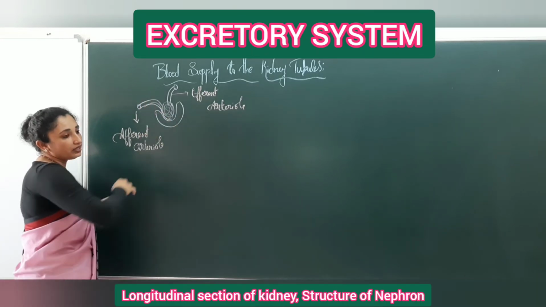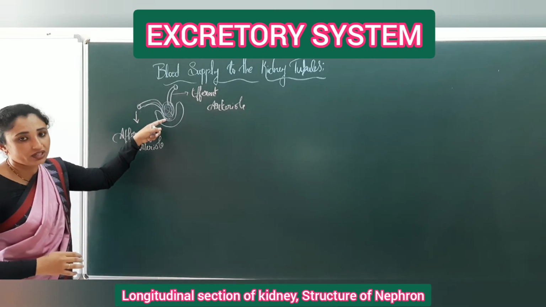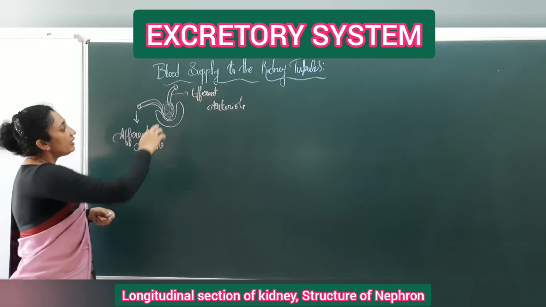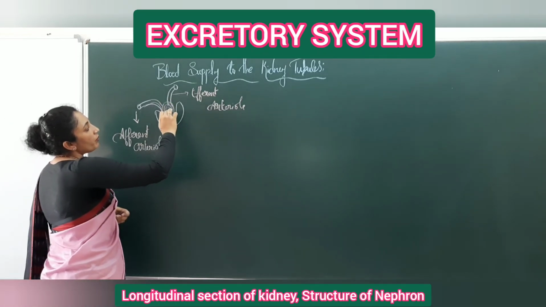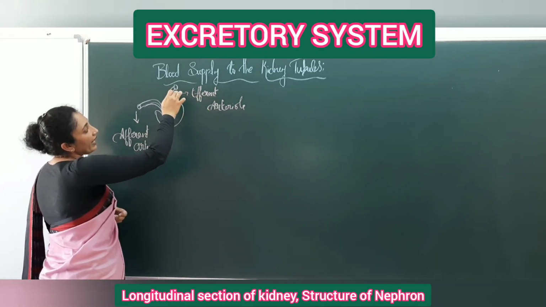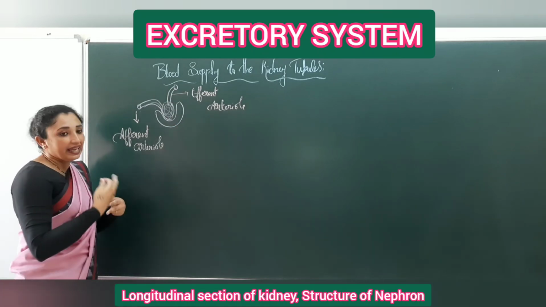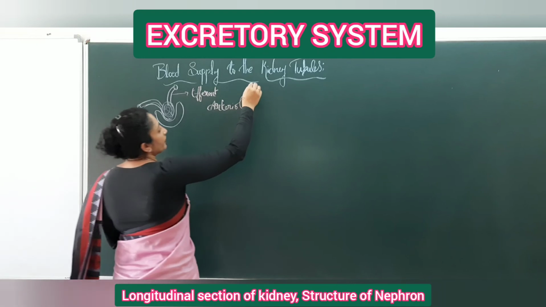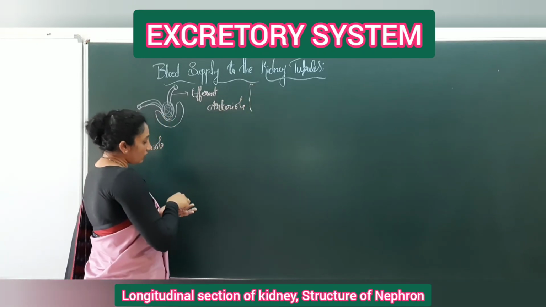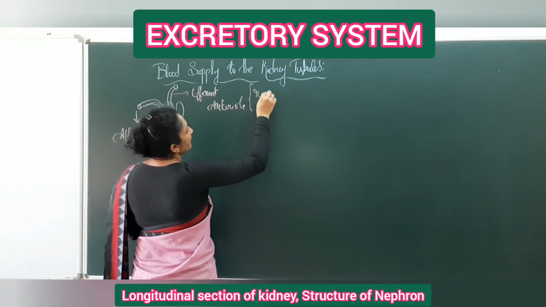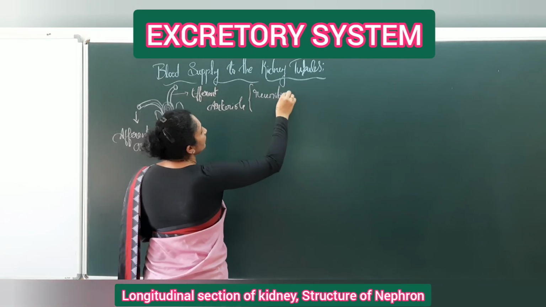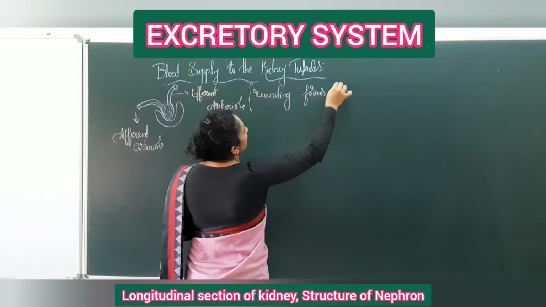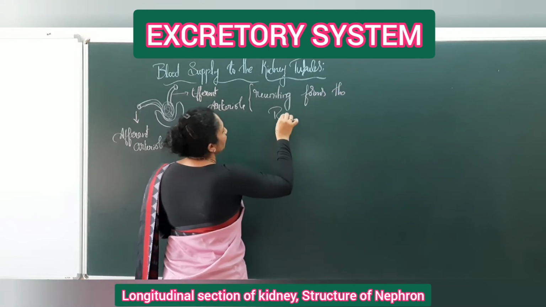In terms of content, it will be carrying excess water, glucose, some salt materials, and this emerges out from the glomerulus as the efferent arteriole, and this efferent arteriole again reunites and forms the renal vein. This efferent arteriole, after reuniting, forms the renal vein.